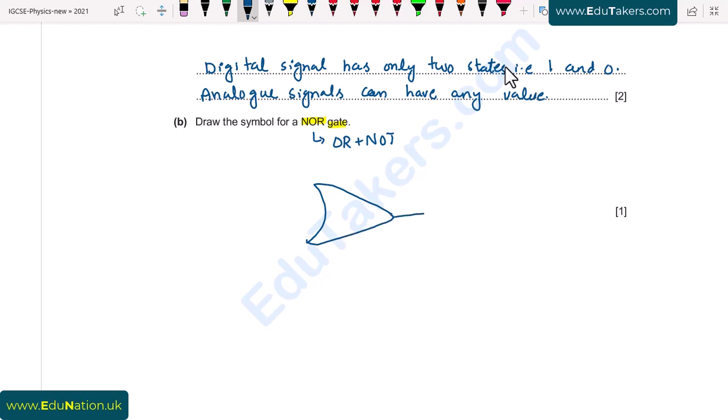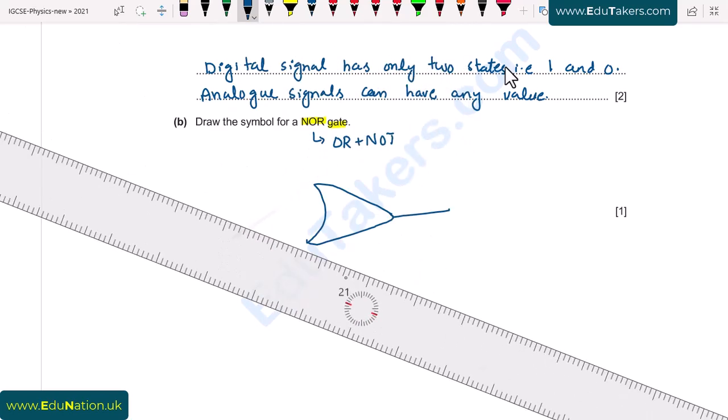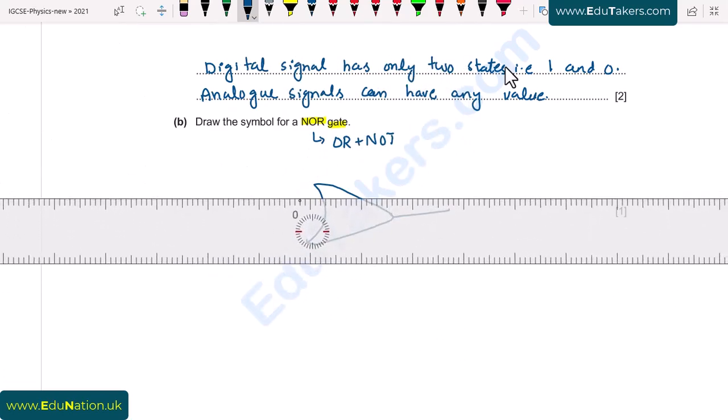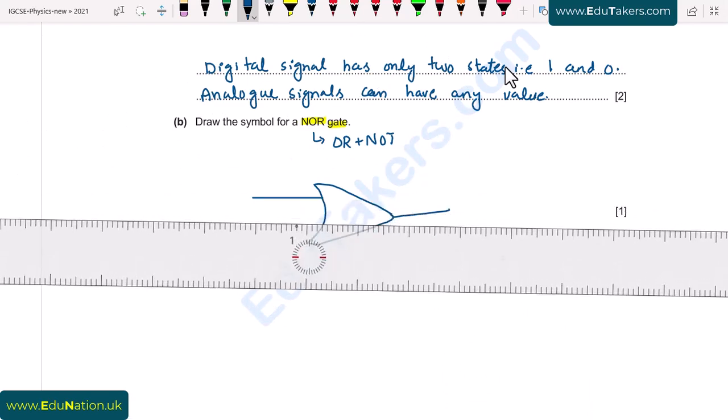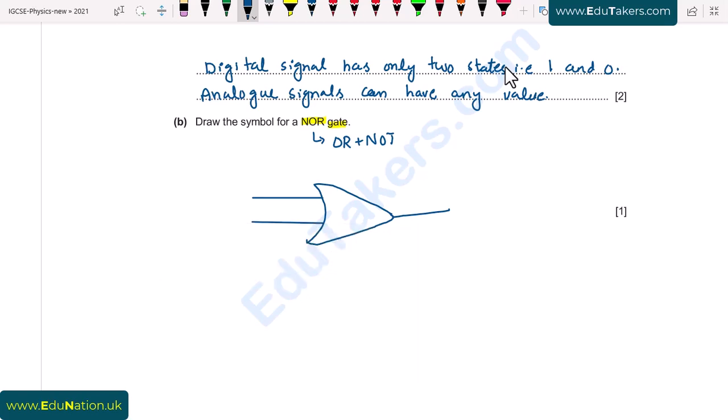So it has a single output while two inputs. This is OR gate.